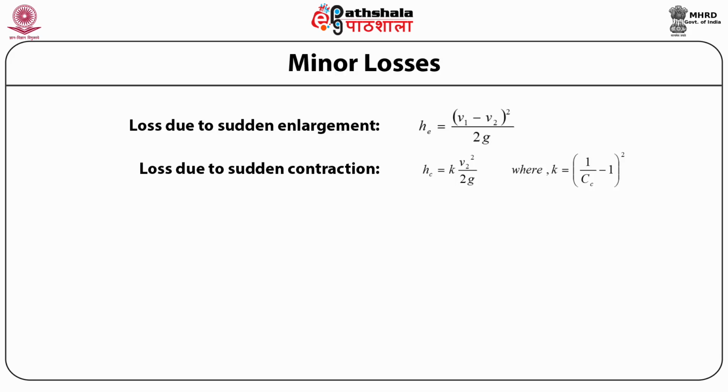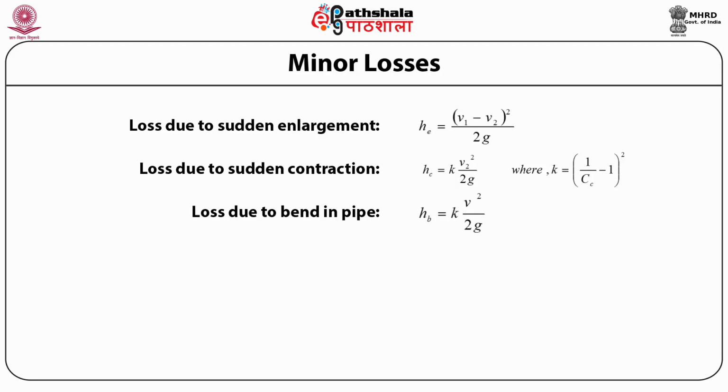Now, coming to the loss due to bend in pipe. The bend in the pipe cannot be avoided in pipeline design. Since the velocity is a vector quantity, the change in the flow direction changes the flow velocity, so some loss occurs, which is equal to Hb is equal to K V square by 2g.